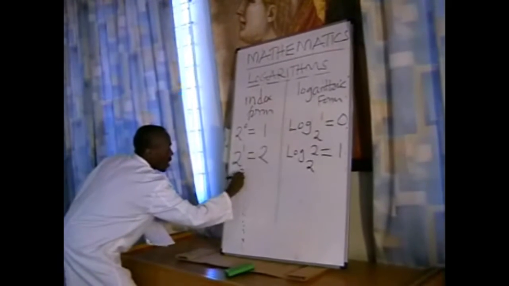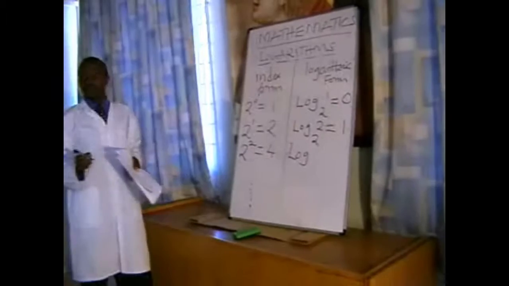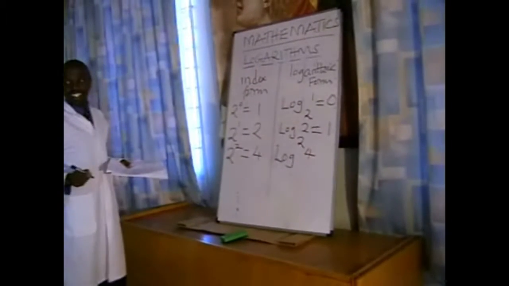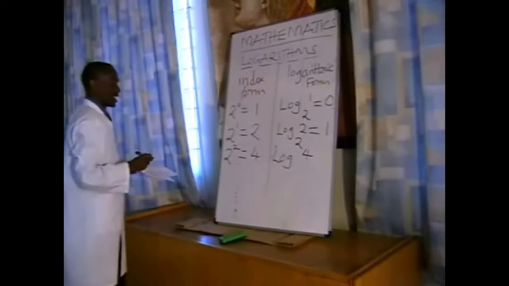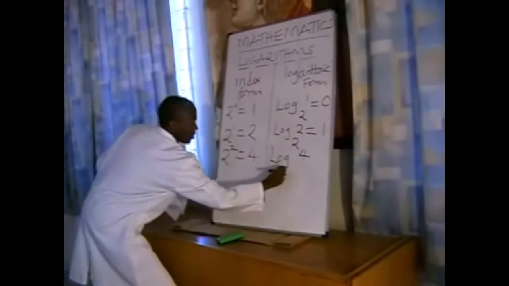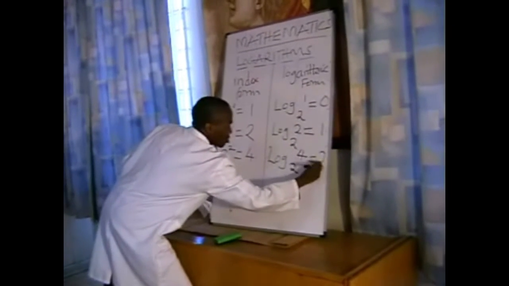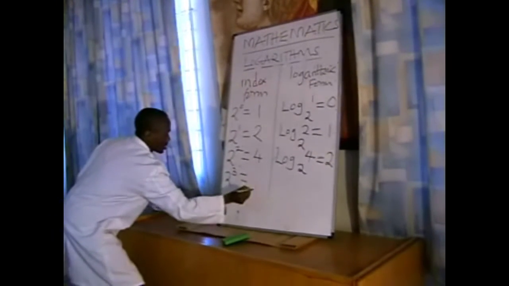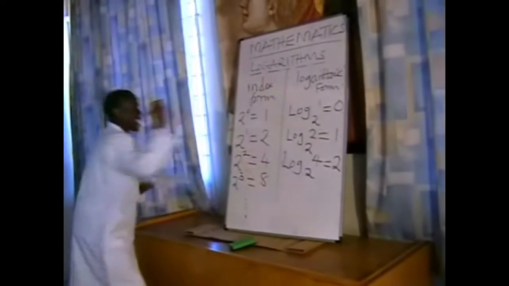2 to the power of 2 is 4. So it is the log of 4, isn't it? So log of 4 base 2 is equal to 2. Correct. Let's try another one. 2 cubed is 8. Marion, can you try?